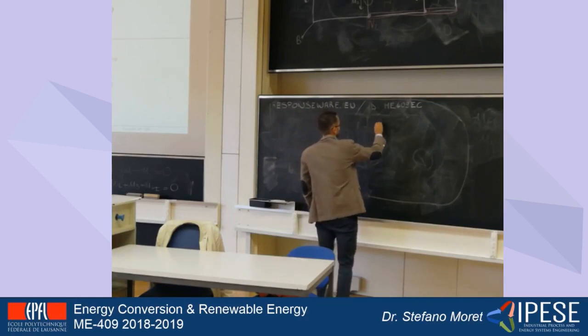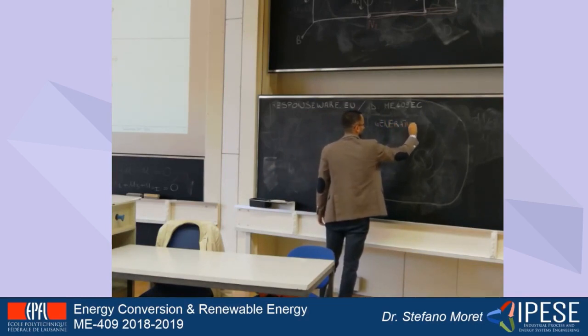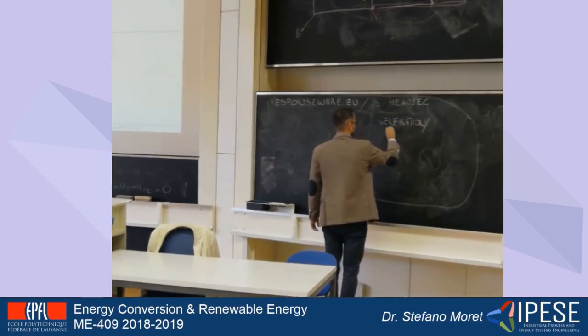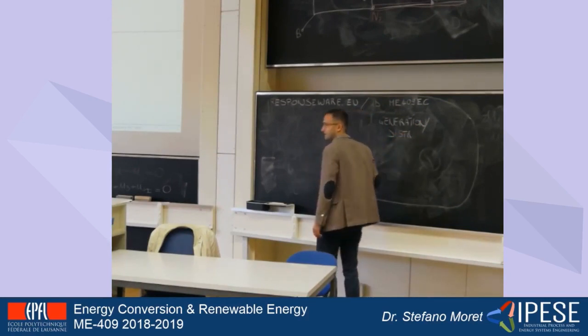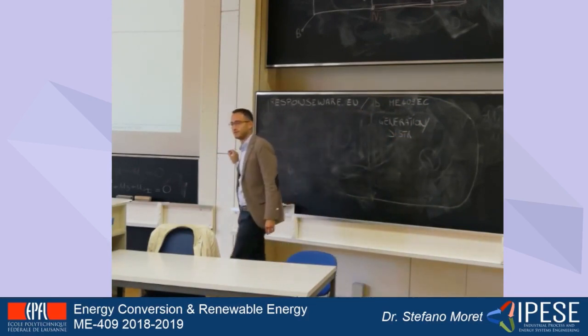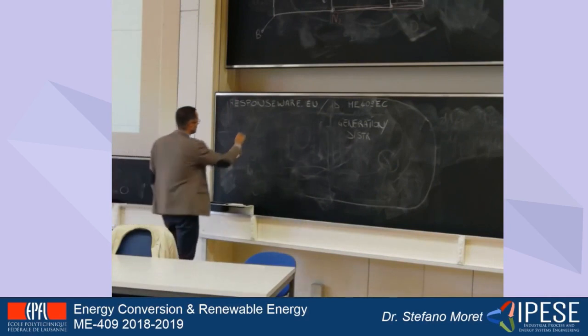Okay. Let's write. I'll write down some items in a particular order on the Blackboard, and then you'll see why I'm putting them in this order. Then, what do you need, for example? Resources. Okay. Storage.